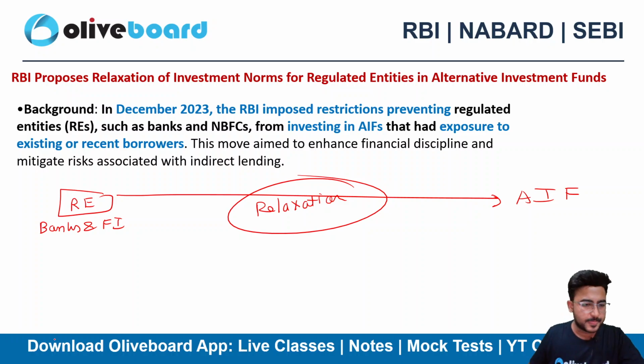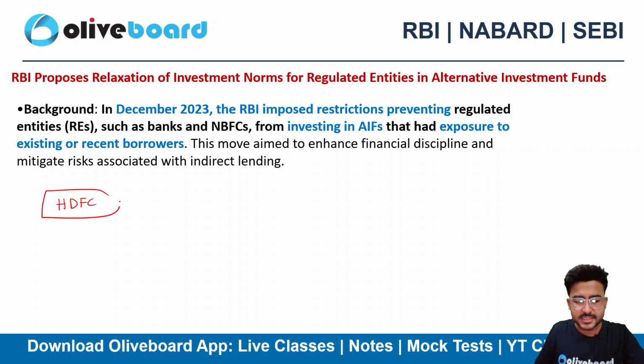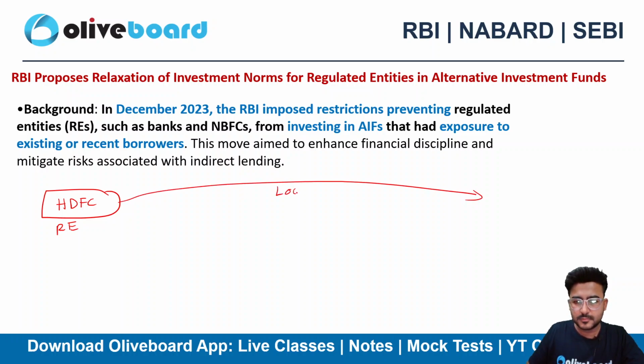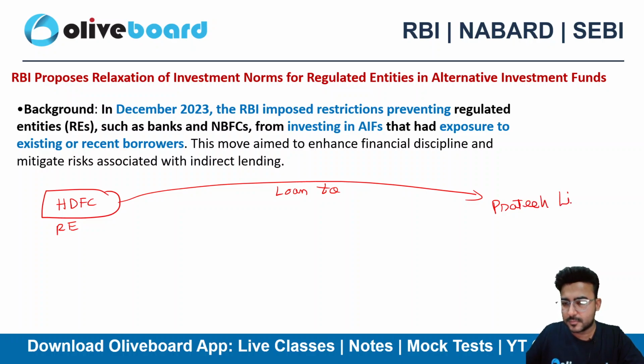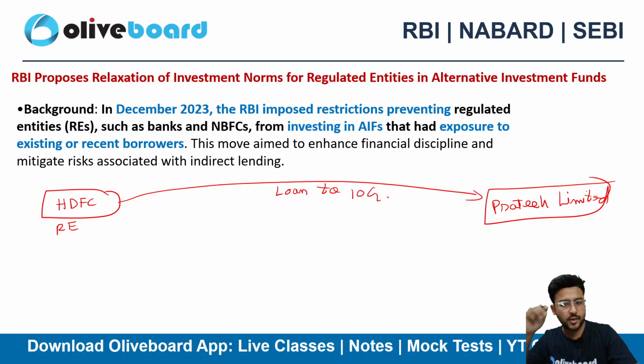So look, let's first understand this with an example. I take the example of HDFC Bank here. Let's suppose HDFC Bank, a regulated entity by RBI, has given a loan to a company, Prateek Limited. They have given me a loan worth 10 crore rupees. I took a loan of 10 crore from HDFC Bank.